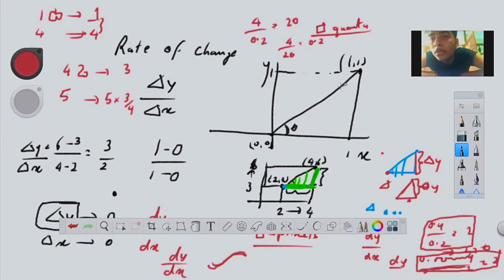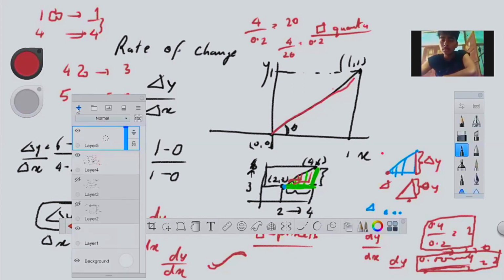In a straight line the rate of change is easy to see, isn't it? The slope doesn't change, the slope stays the same. But why did these derivatives become so necessary in our lives?